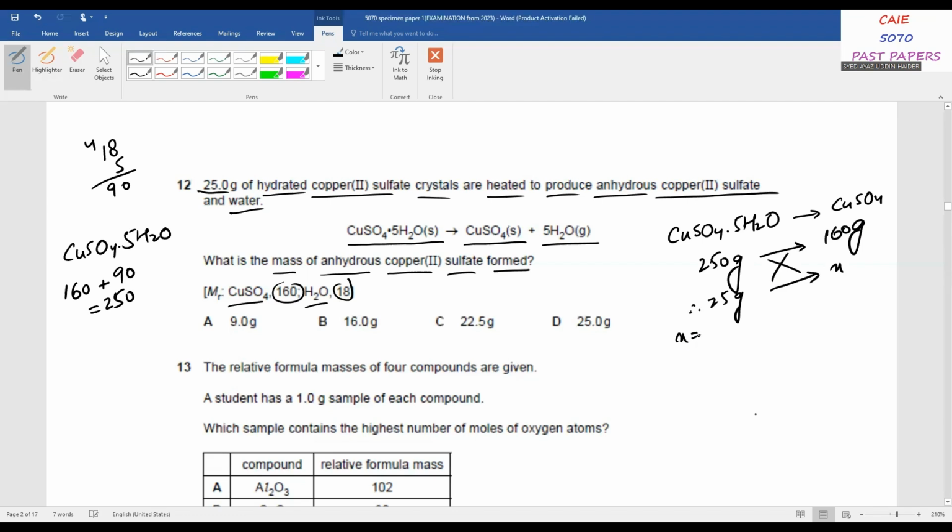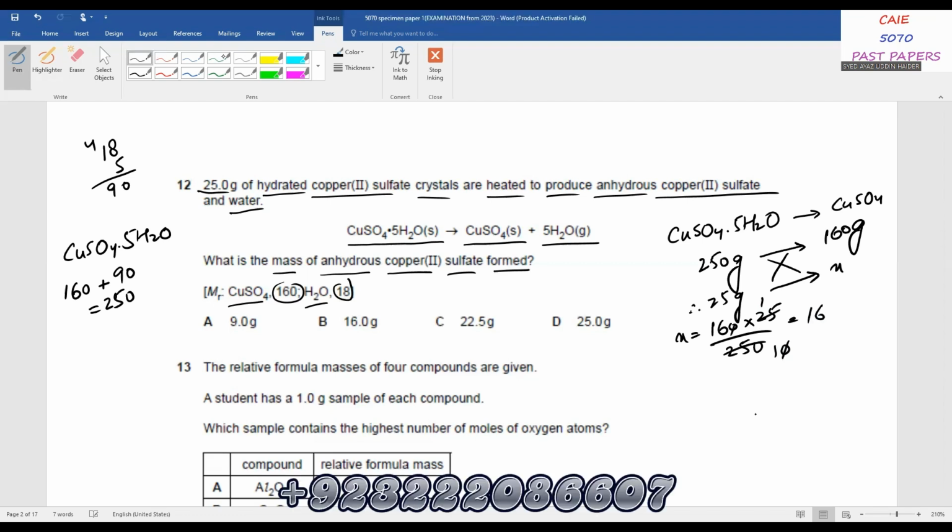So X is equal to 160 multiplied by 25 divided by 250. So 1 times 25, 10 times 250. So answer should be 16. This is the correct answer for this choice.